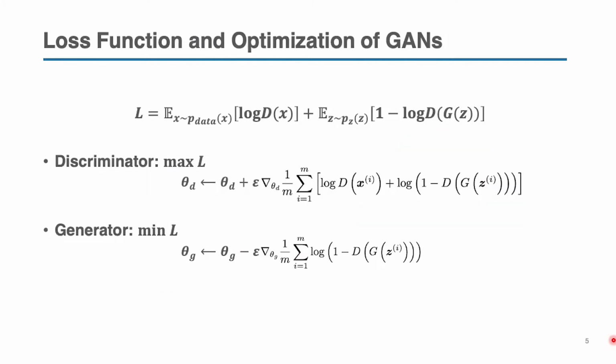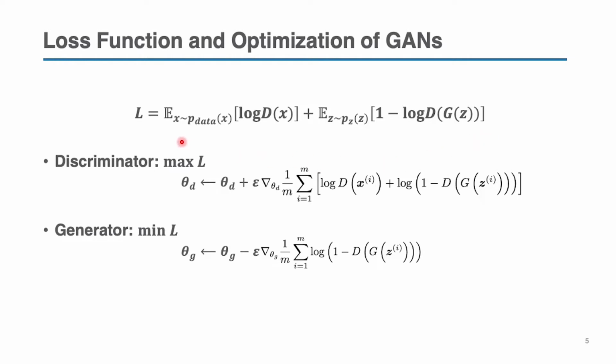So to see how the discriminator can actually guide the generator to generate images that form a distribution close to the training dataset, we have to take a look at the loss function, which is this guy over here. The first term represents the probability of the discriminator correctly classifying real images. The second term refers to the probability of the discriminator identifying fake images.